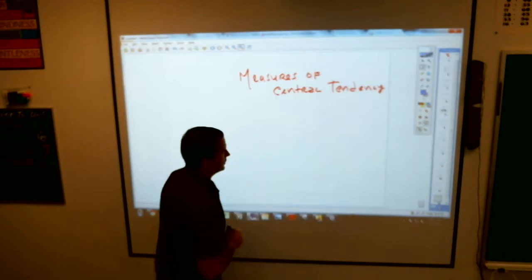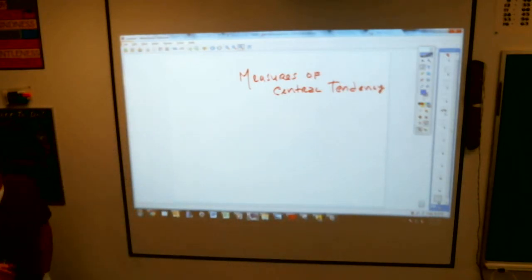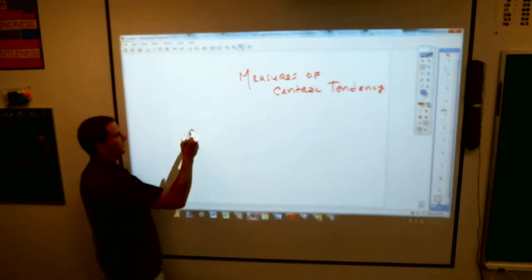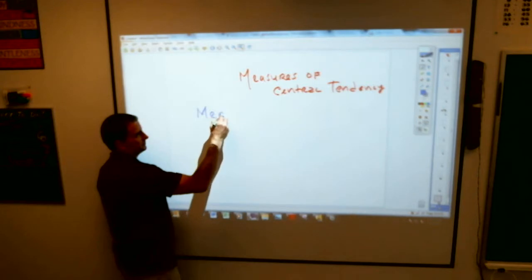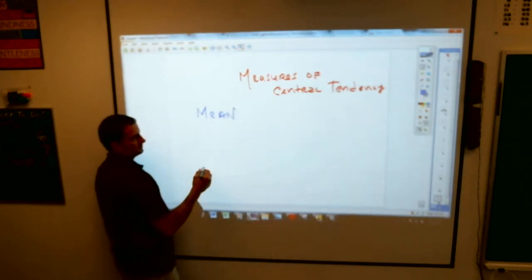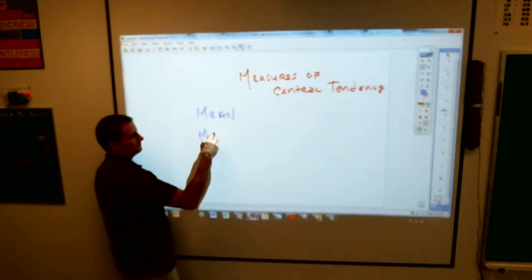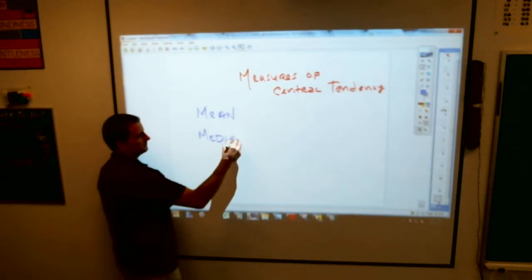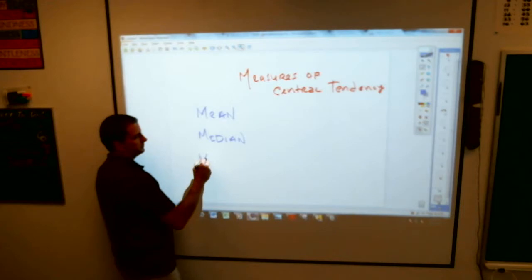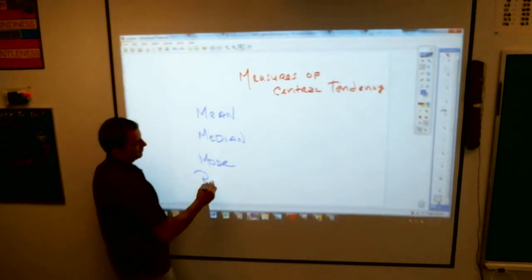Whenever you hear people talk about that in the math world, usually they talk about 4 different things. And they are, write these down: the mean, the median, the mode, just starting to sound familiar, and the range.